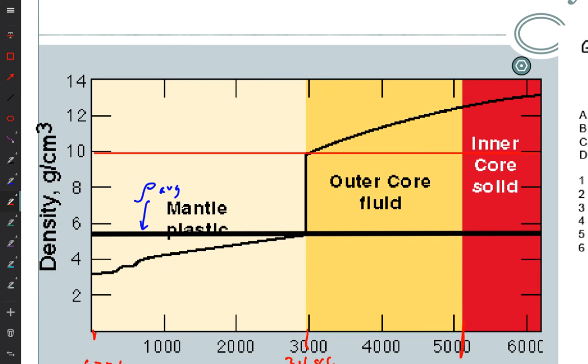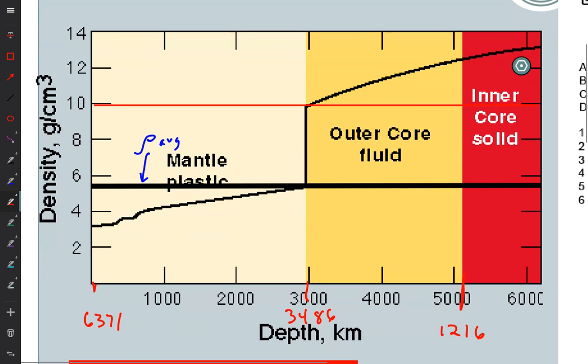And so you have a higher density in the interior. So the inner 3,486 kilometers has a much higher density than the outer, just under 3,000 kilometers. And so that's going to make our answer fairly different.